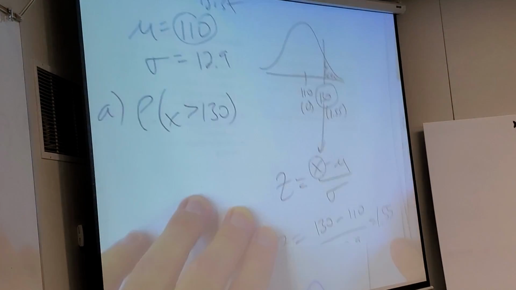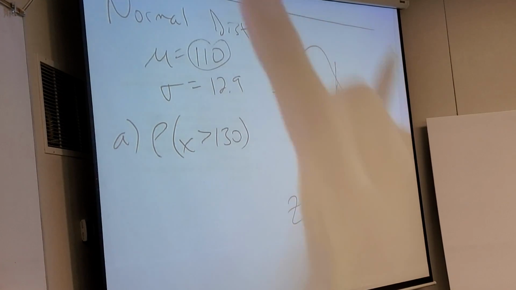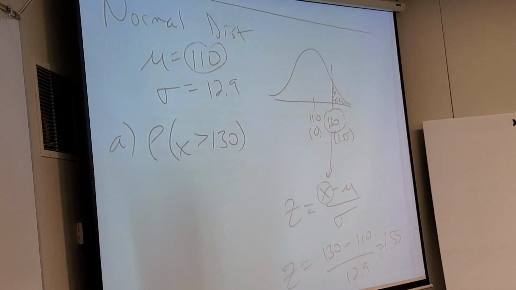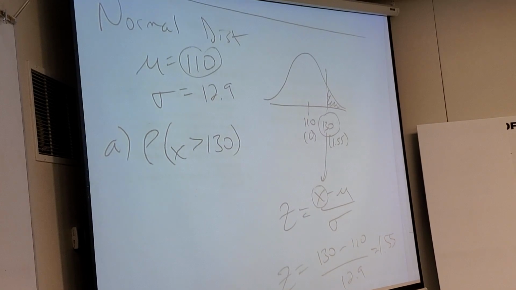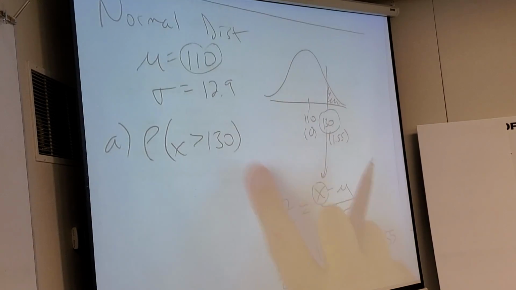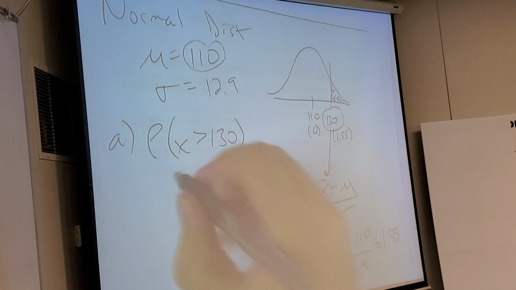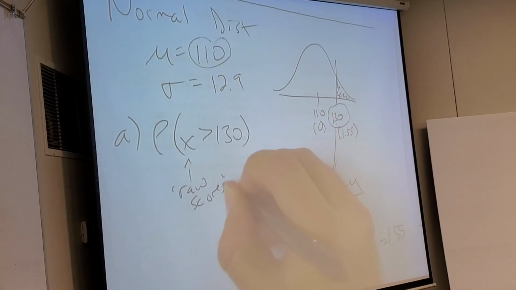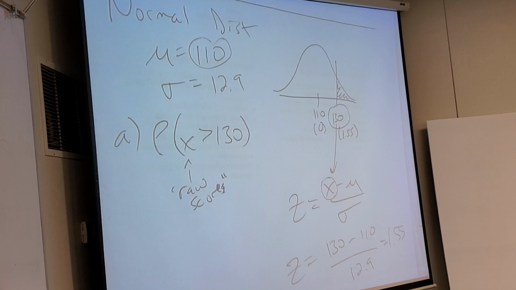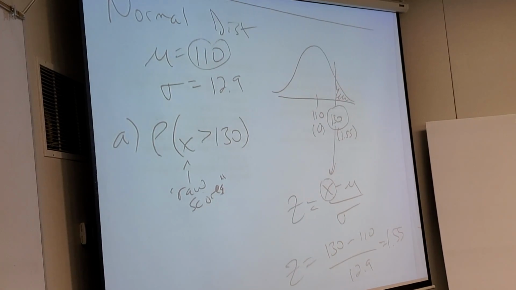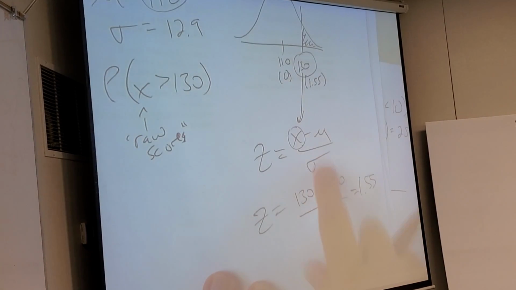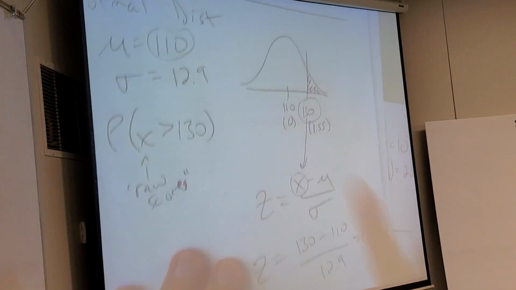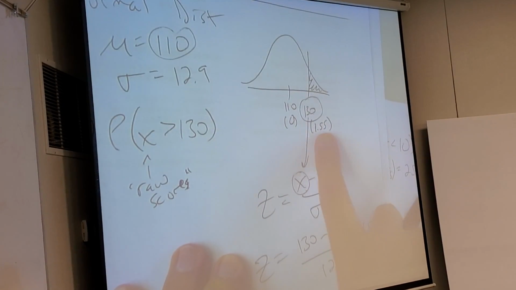The problems we were doing a minute ago started with a z-score. So I could just look them up and see if I got the answer and do 1 minus if I had to. This one starts with x scores, what we call raw scores, because I haven't processed it yet. Once I process it, now it's just like the problems you were just doing. Look up 1.55, get the area.